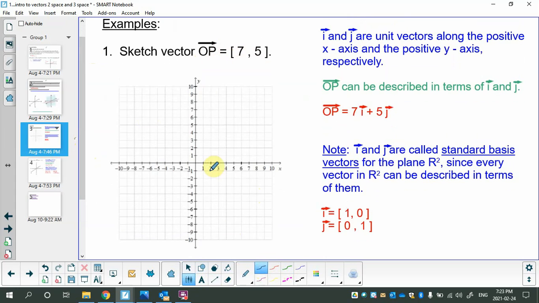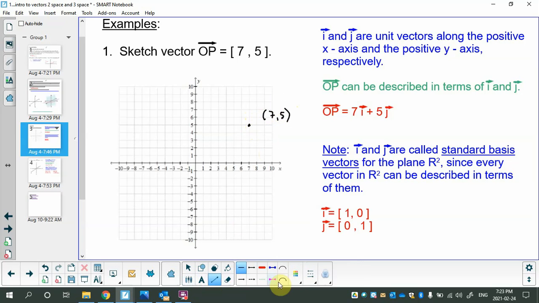So I'm going to take my grid, and I'm going to go 7 on the x, 1, 2, 3, 4, 5 on the y. I'm going to put a dot. That dot is located at (7, 5). Coordinate (7, 5). That is the location of the dot.